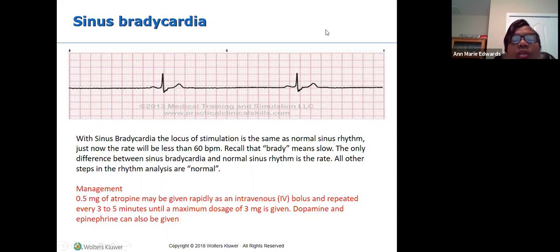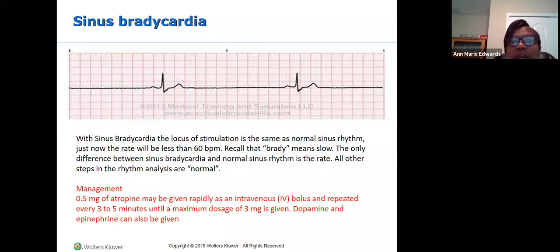You can count the number of large boxes. 2, 3, 4, 5, 6, 7, 8, 9, 10, 11, 12, 13. Okay? And if you count the number of large boxes, you divide what by that number?